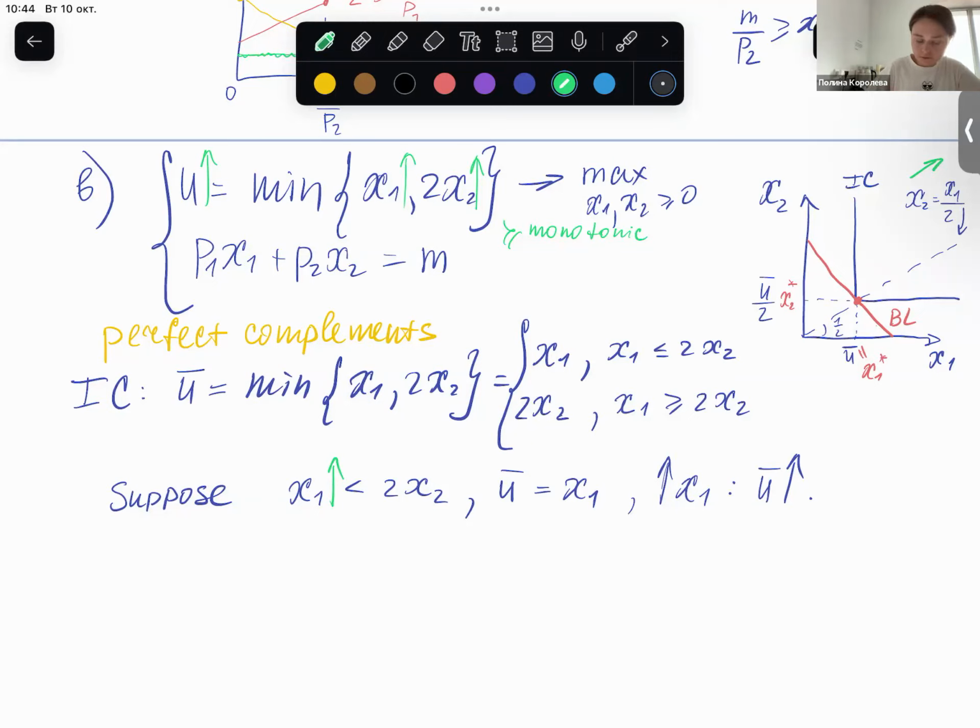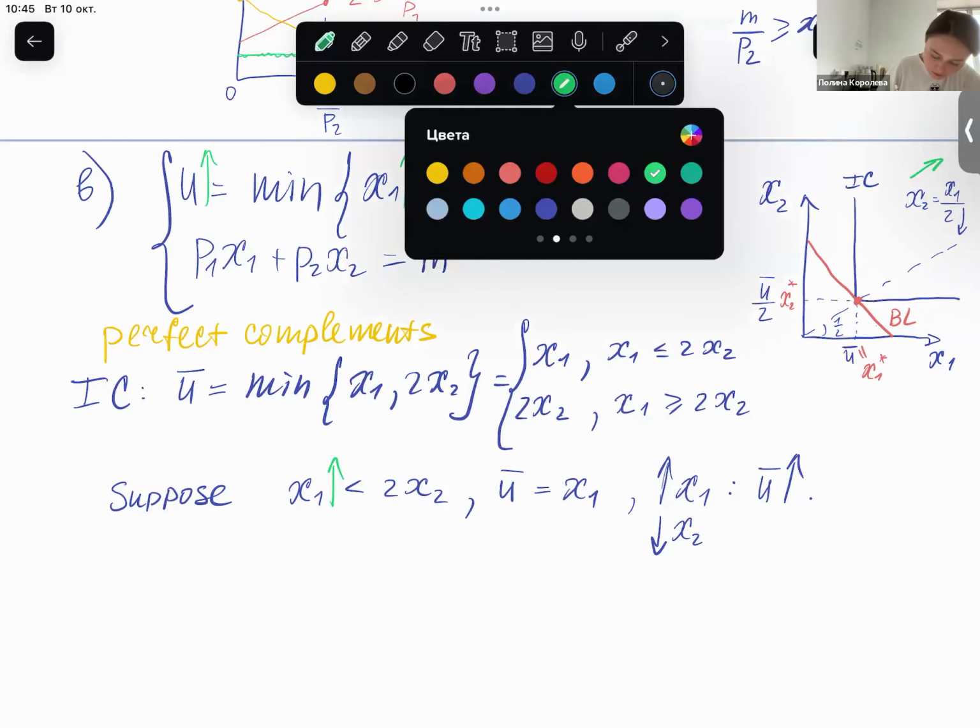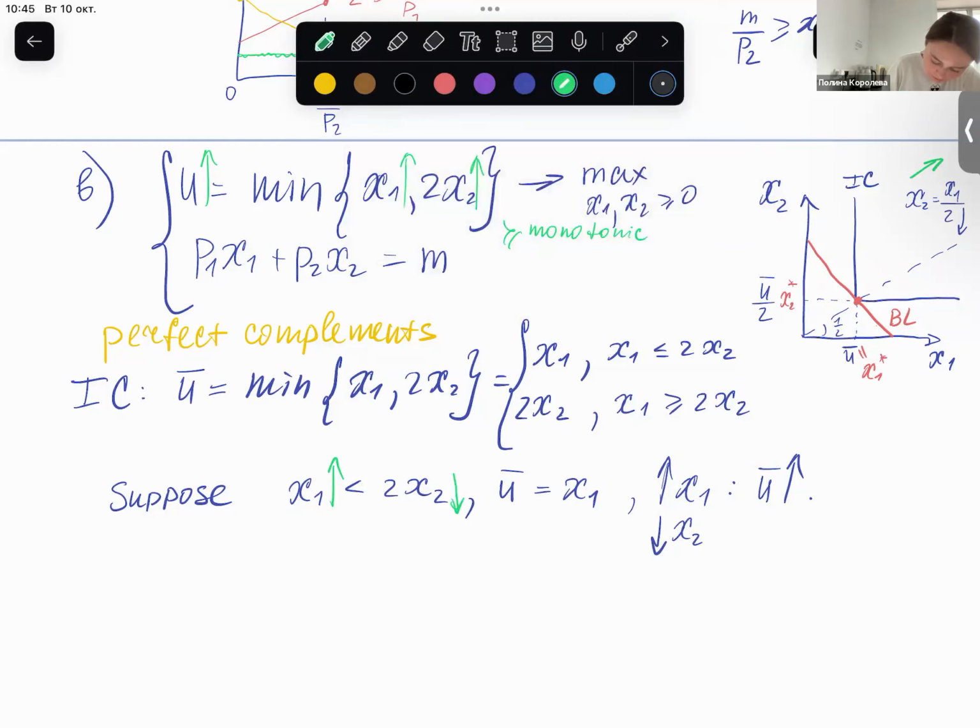We should substitute, yes? We should take some spending on x2, decrease the consumption of x2, and buy some more x1 for this money, such that the utility will increase. And we will do it up to equality.